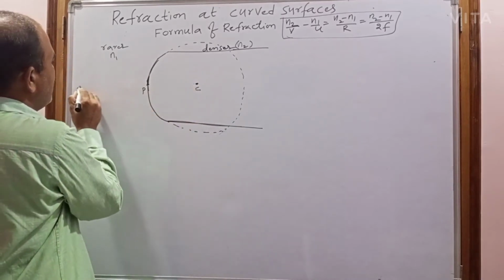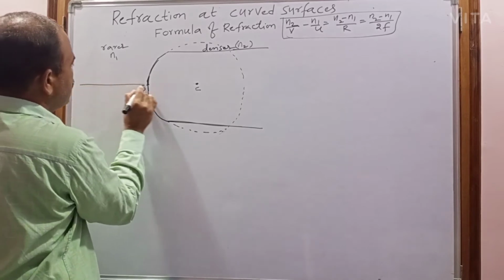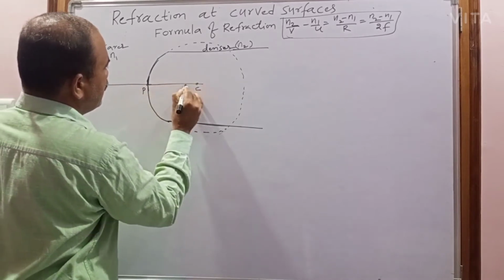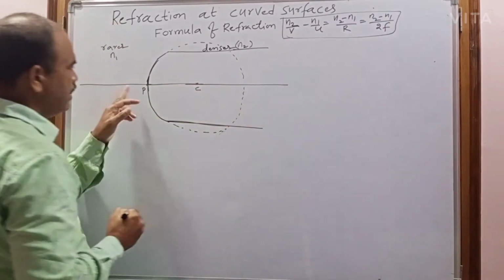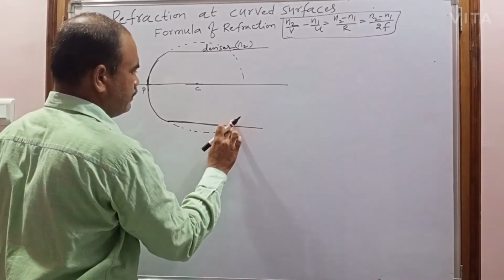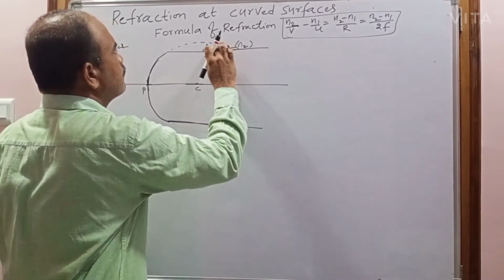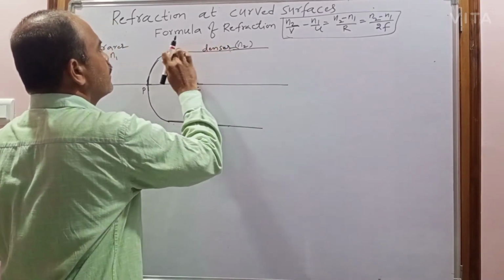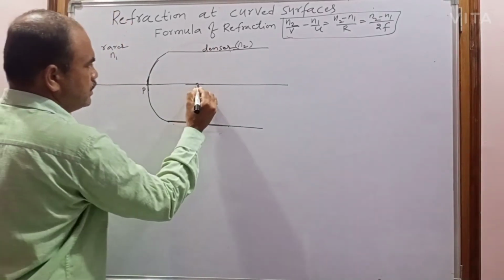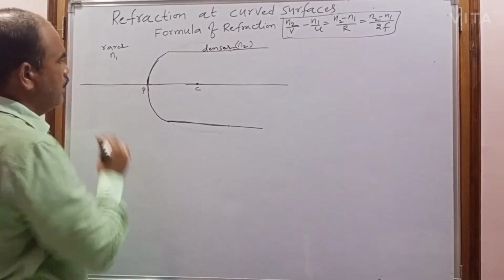The imaginary line passing through the pole and the center of curvature is called the principal axis.